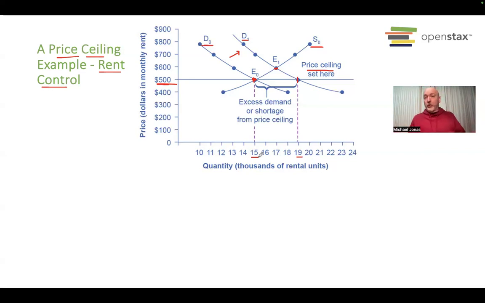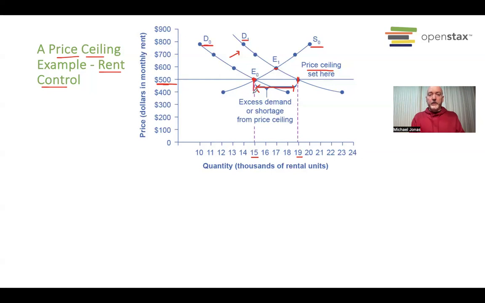That's what we saw from E0 to E1. It was the double-edged sword, right? Prices were going up, but also quantity supplied was rising. So we have essentially legally mandated a housing shortage by not allowing that reequilibration to take place. So every time there is a price ceiling enacted that is effective, meaning that it's lowering price below equilibrium, the unintended consequence is going to be a shortage.